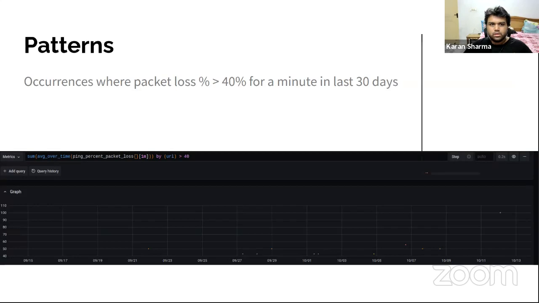And this is again the packet loss metric, where I can see if packet loss is more than X percentage. 40% is really noticeable if you're browsing any site, because a TCP packet has to go back and forth if such high packet loss is there. So you can see which particular upstream has a very high packet loss.